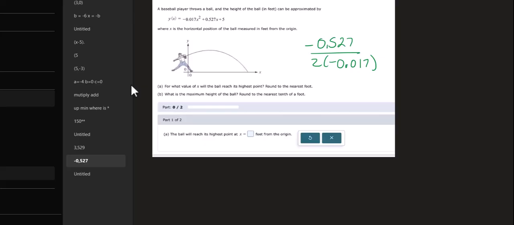And you need to be careful when you do this on the calculator that if you're dividing this 2 times this, make sure you put that in parentheses if you do it all on one line, because if you don't, you get the wrong answer like I just did. 15.5. It says round to the nearest foot.